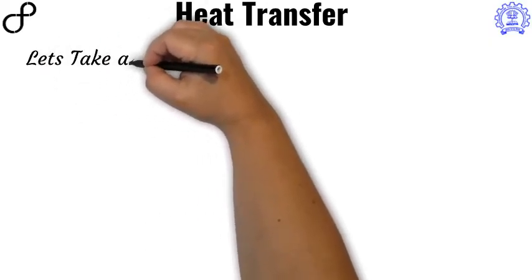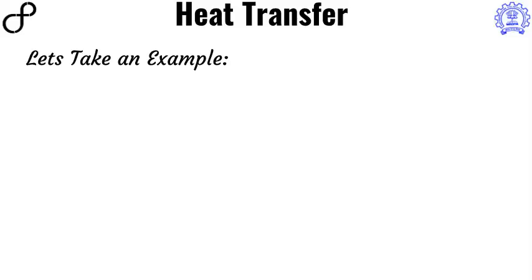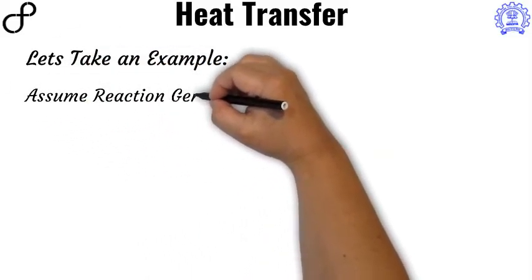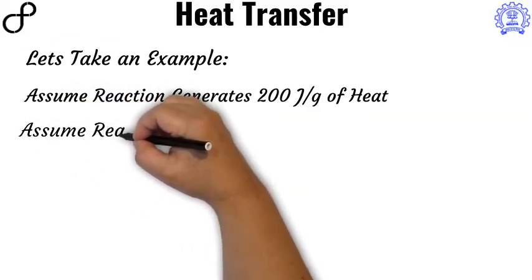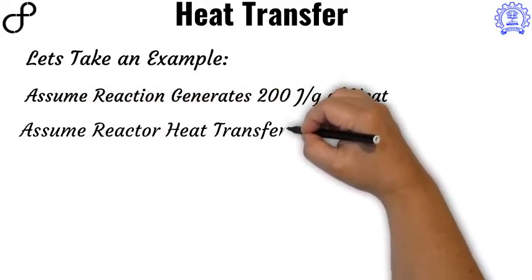In order to make it easier to understand, let us do an exercise by taking a hypothetical reaction wherein the heat generated by the reacting species is 200 joules per gram. Let us also consider that our reactor and utility combination have a maximum heat exchange rate of 500 joules per hour.